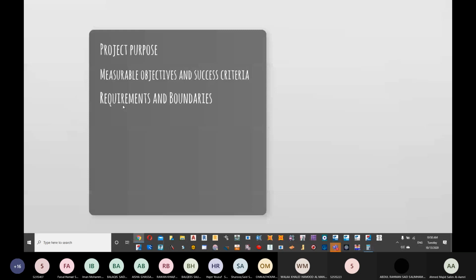For example, measurable objectives and success criteria. Like Oman Mall, for example, they have said the project will last for 3 or 4 years, but I want you to finish the foundation for me in, let's say, 1 month.